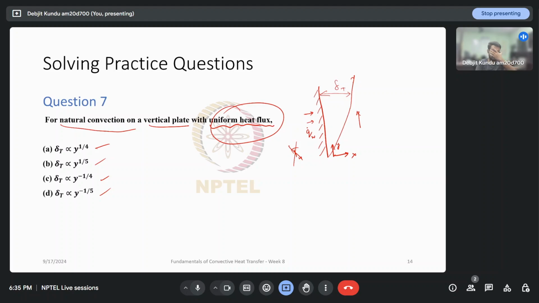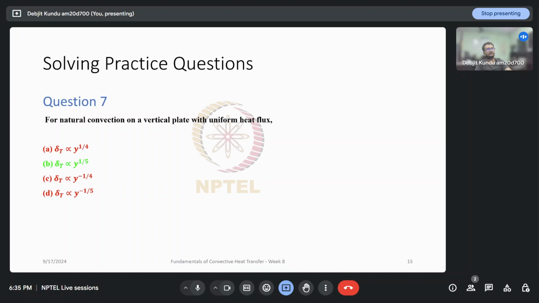So we saw in the lectures that scaling laws can dictate that in the uniform heat flux case, delta T goes as y to the power 1/5. For the uniform temperature case, we can find out how delta T scales with y and Rayleigh number.